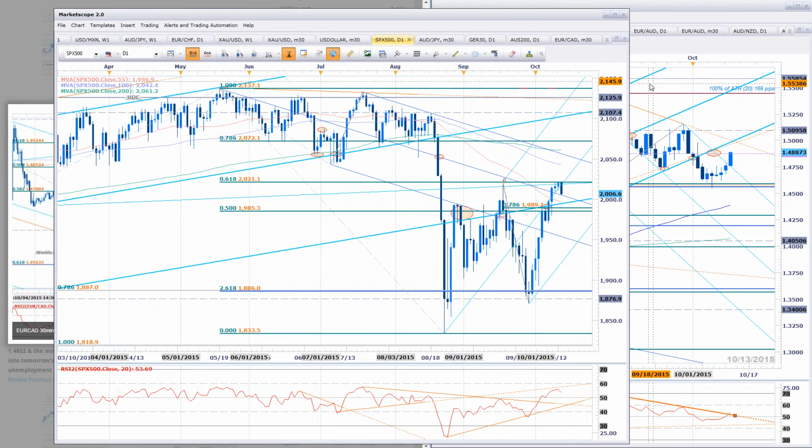SPX looks a little bit different. I don't really see too much more downside here. You know, we're testing basically a longer dated median line, which was broken, retested, but you can see that slope off the middle has been catching so many highs that, you know, here it is acting as support a little bit lower down.